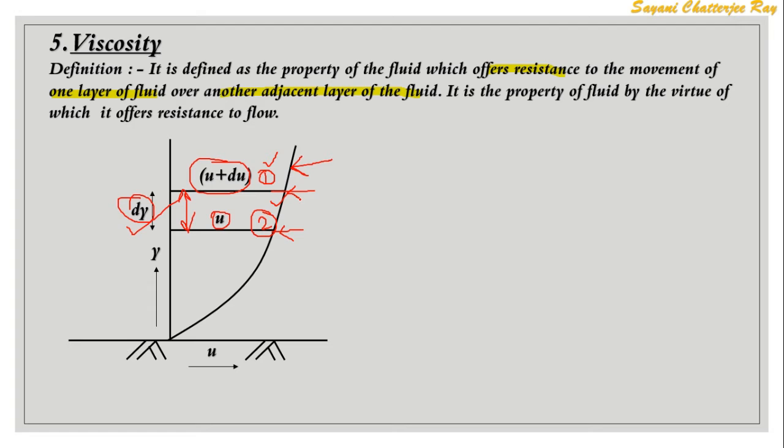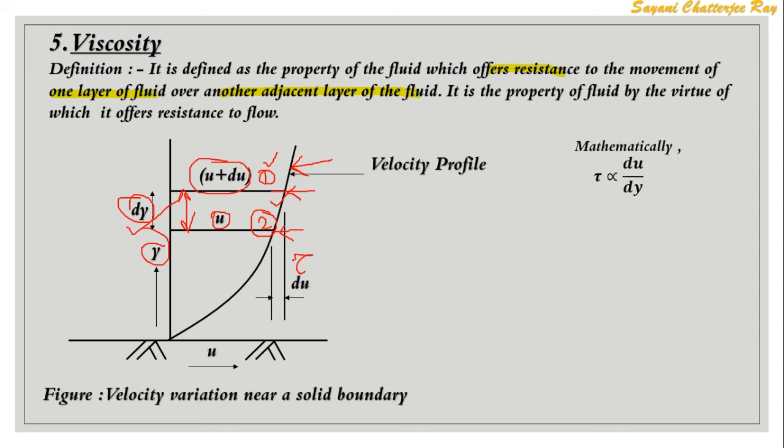This shear stress is proportional to the rate of change of velocity with respect to y. It is denoted by the symbol tau. Mathematically, we can say that tau is directly proportional to du by dy. In order to remove the proportionality sign, we have to introduce a constant of proportionality.